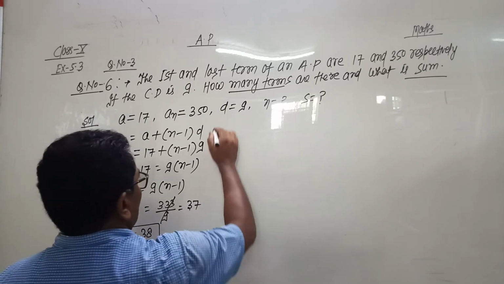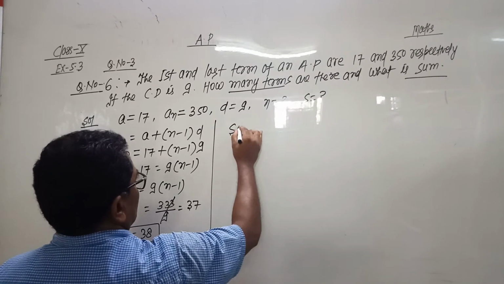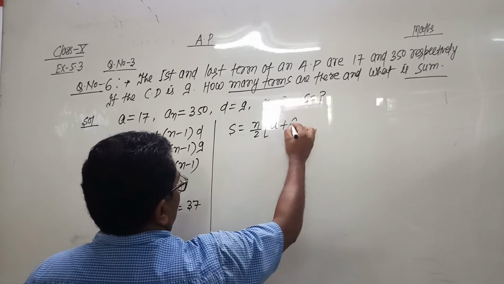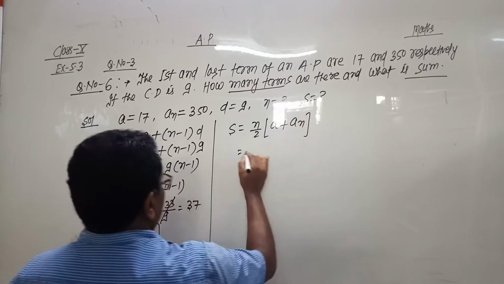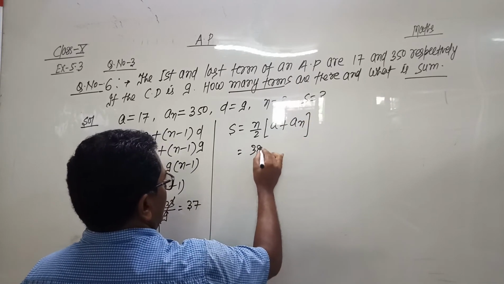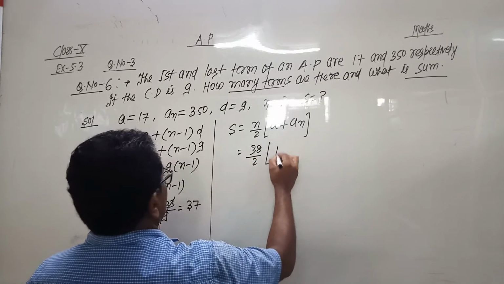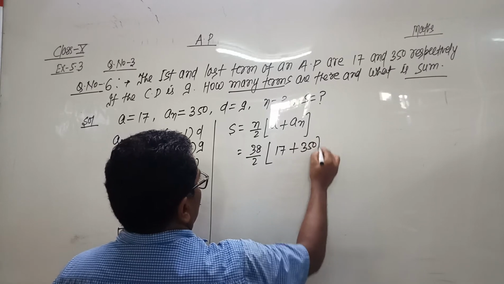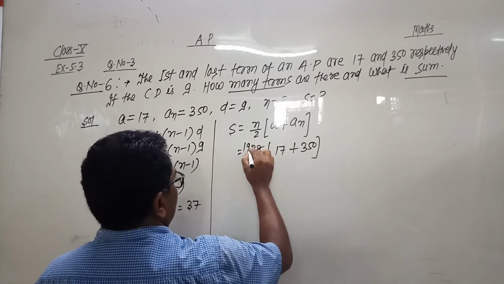Now we have to find the sum. So S equals n by 2 times (a plus an). n is 38, so 38 by 2. The first term is 17 and an, the last term, is 350. It goes by 19.